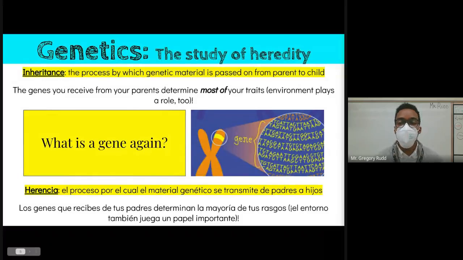You're being passed on something from your parents. In this case, we're not talking about a house or a car or money or stocks or equities. We're talking about genetic material, probably more important than all the other things that I just mentioned. So inheritance is the process by which genetic material is passed on from parent to child.